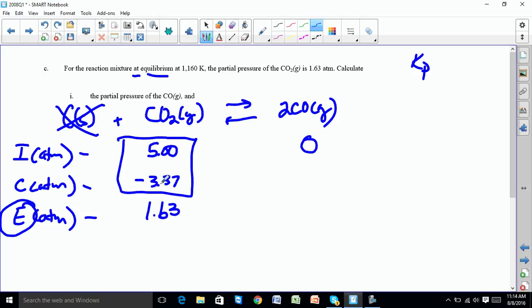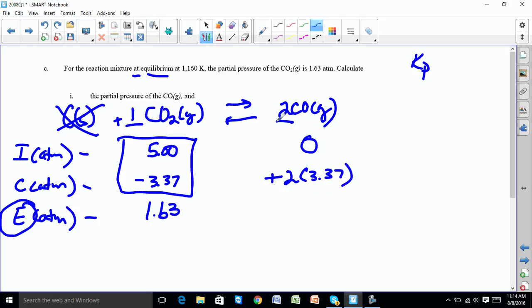If this is negative 3.37, this has to be positive 2 times 3.37, because of the 1 to 2 mole ratio.